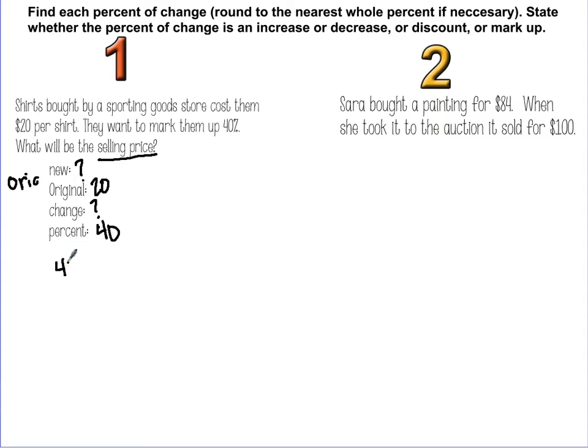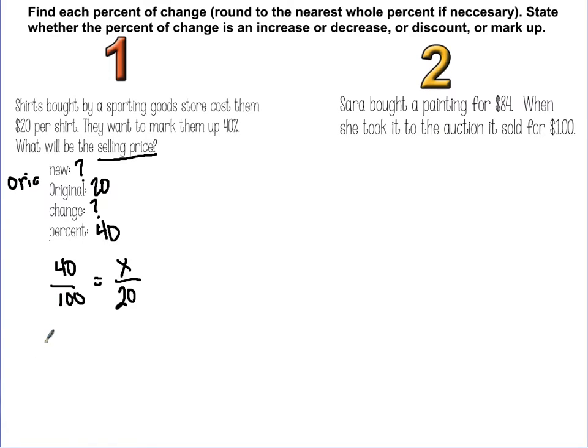So 40 is still going to go over 100 because that's still the percent, is equal to X because we don't know the change, because we don't know the new price, over 20. That's the original price. So the store purchases the shirts for $20 a shirt. Then they mark them up by 40%. So they find 40% of 20, and that's what's called the markup.